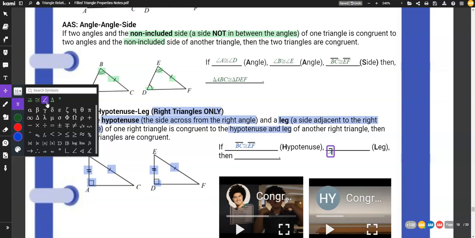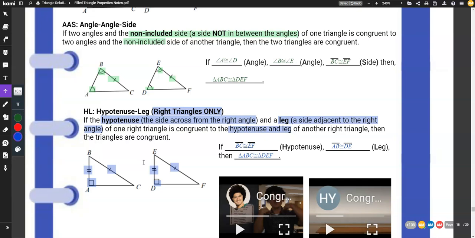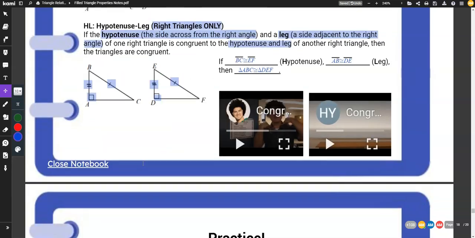So in this instance, they gave me AB is congruent to segment DE, but it could just as easily be AC and DF. Then our two triangles are congruent. Triangle ABC is congruent to triangle DEF by hypotenuse leg. And this is one that we use only for right triangles.